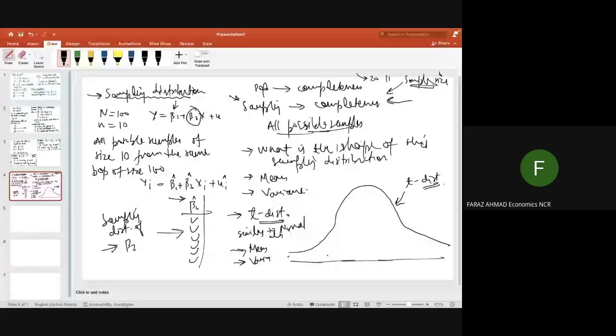So you can completely define a t distribution by knowing the mean and variance. We will be using the t distribution to test our hypotheses in the case of population parameters beta 1 and beta 2, and also, in multiple regression, beta 3, beta 4, beta 5, right? So how would we actually be testing the hypothesis? Let's talk about that.